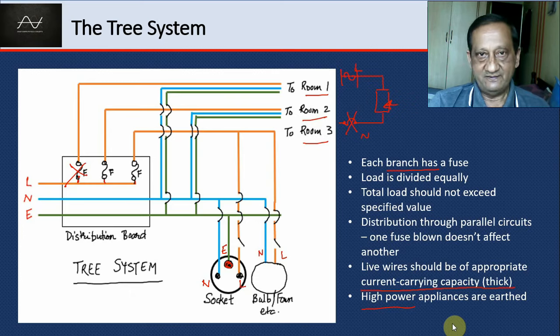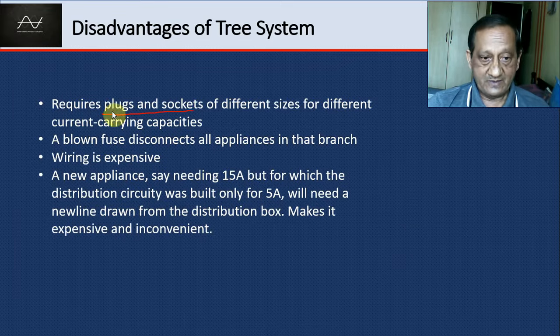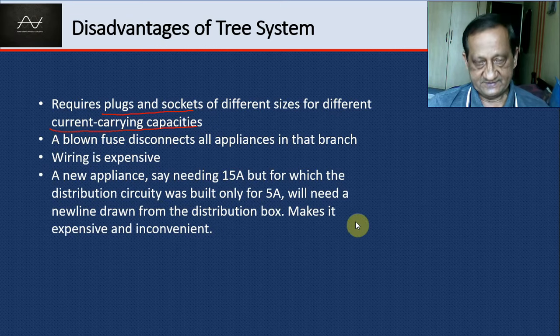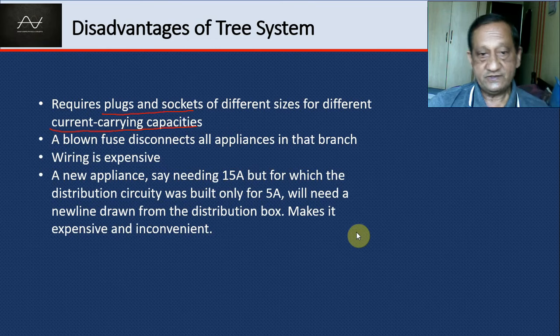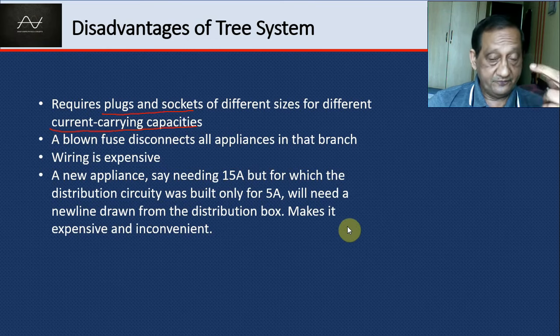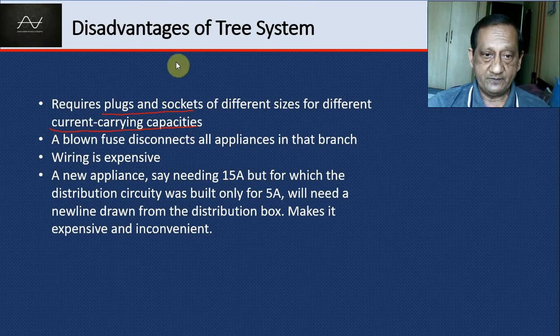There are some disadvantages. We require different plugs and sockets of different sizes for various current carrying capacities. Current carrying capacity means thickness. So you will see that for a low power device, that is, if you're connecting a laptop, then your plug is small. The plug socket is small with the 3 holes.